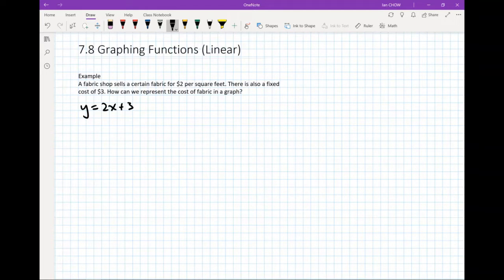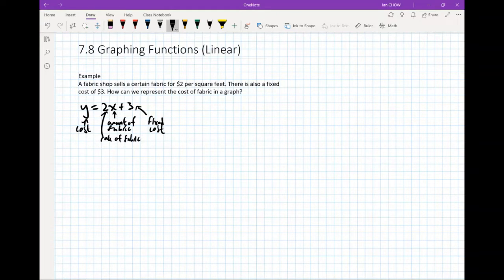If x is the amount of square feet that I get, then y is the cost. The $2 is the rate of the fabric, and the 3 is the fixed cost.